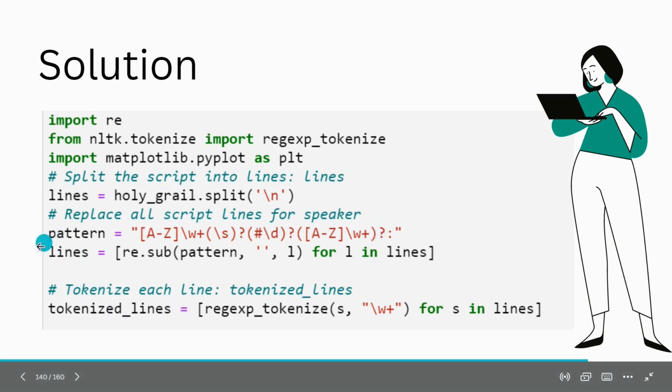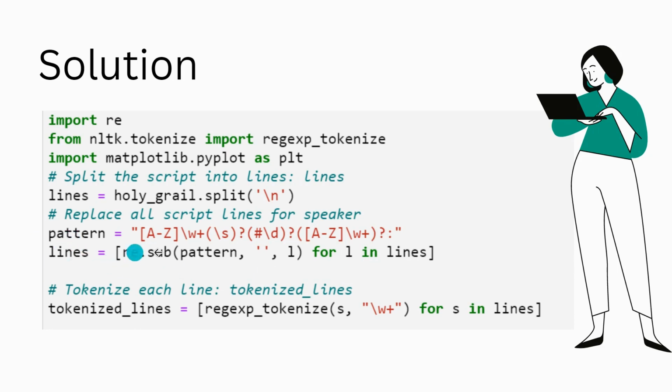Now here is a variable lines, which is equal to a list comprehension using re.sub. Sub is a method here, right? I'm using the pattern, which is this, and then I'm leaving something empty, comma, then I'm using L. L is for L in lines. Here lines is the list of lines, and L is an iterator variable.